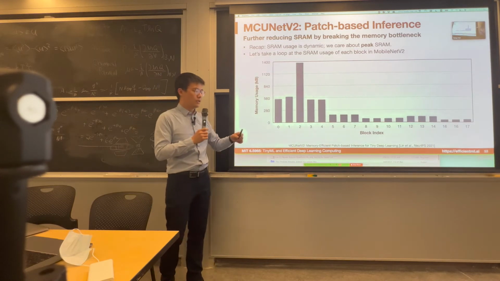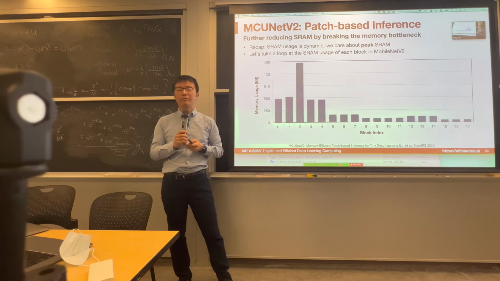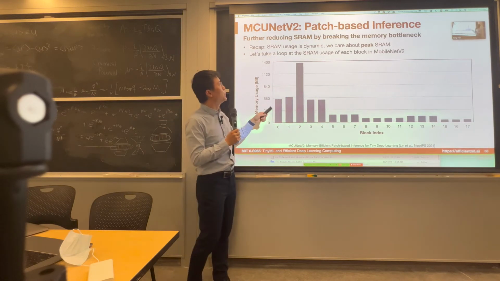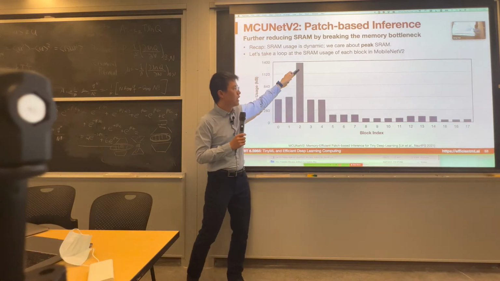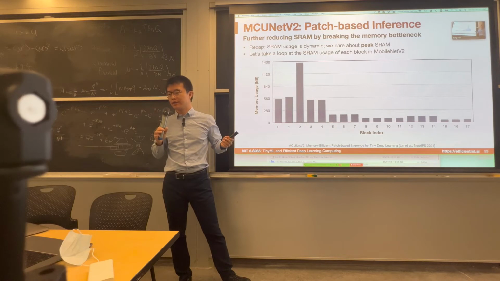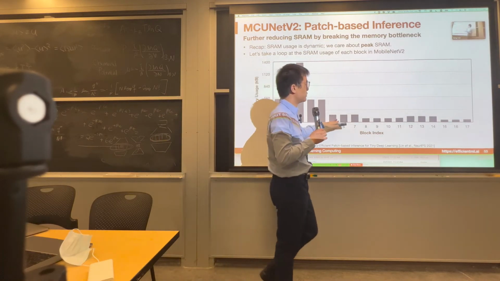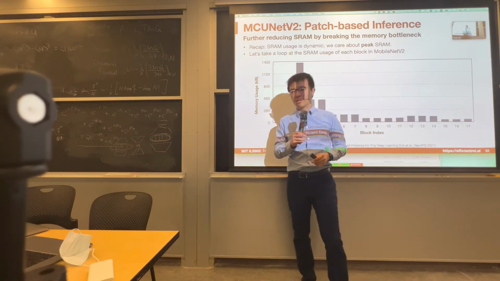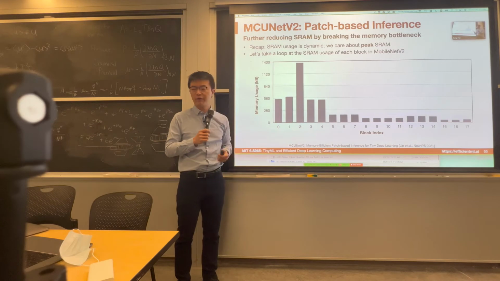Okay, so just now we briefly talked about this memory bottleneck, right? For example, this block has a huge amount of memory, which dominates all the layers. Even if these layers are all smaller than our memory budget, these layers are very bad.